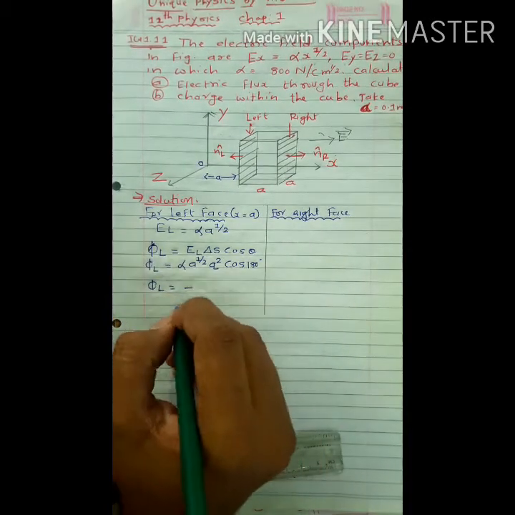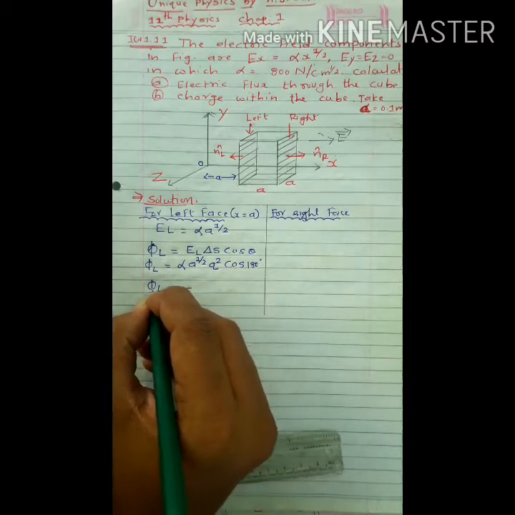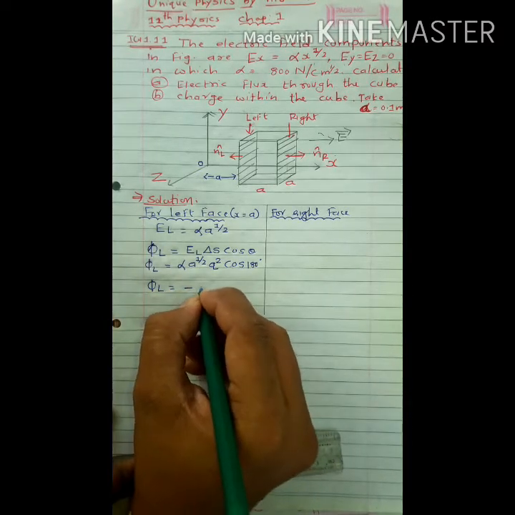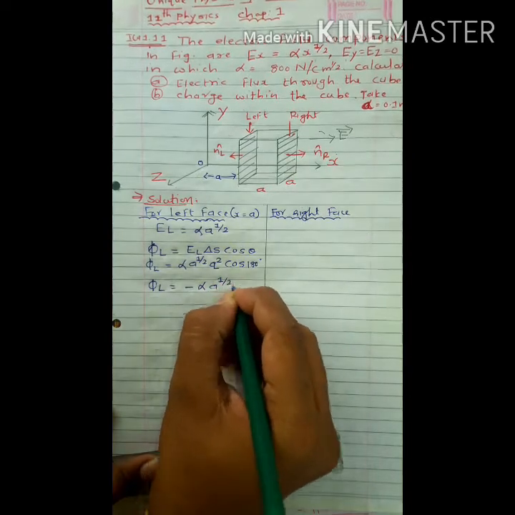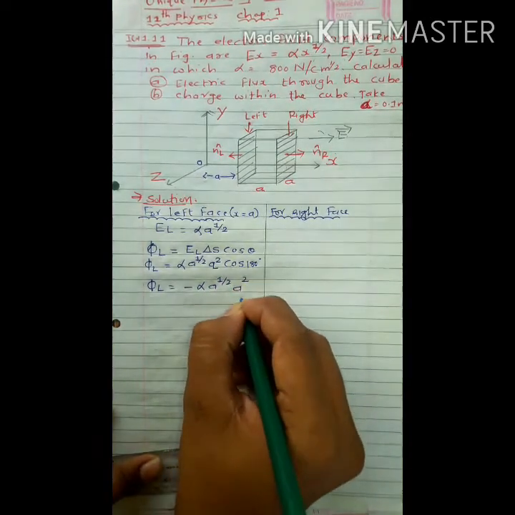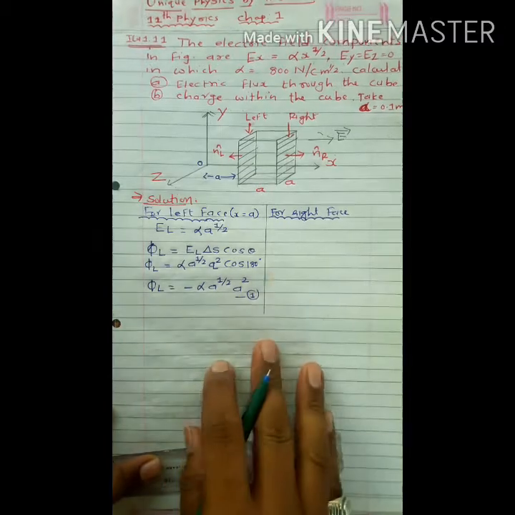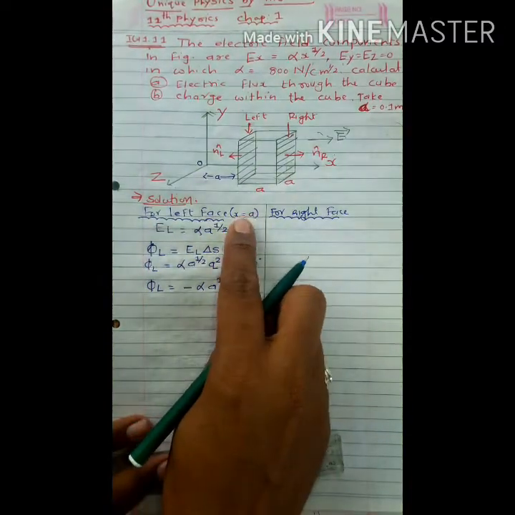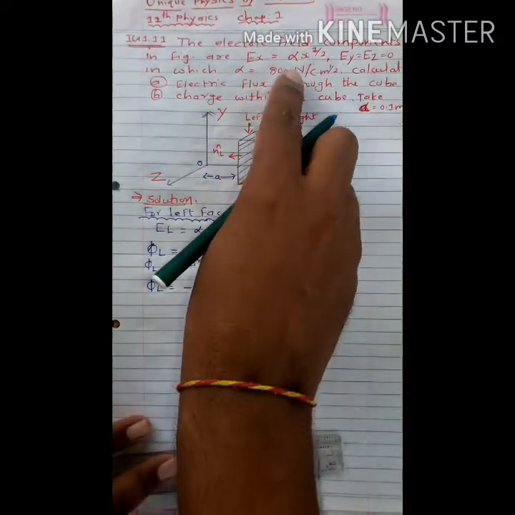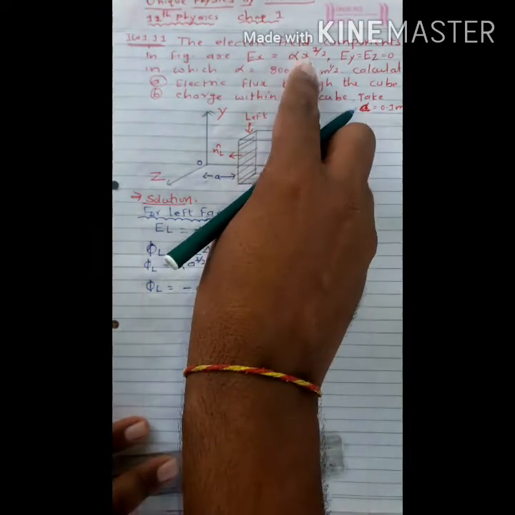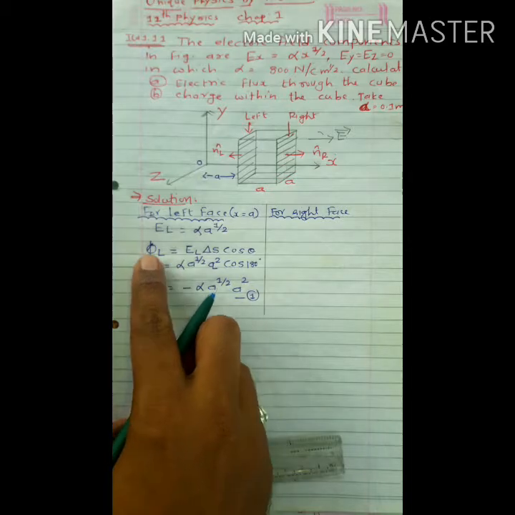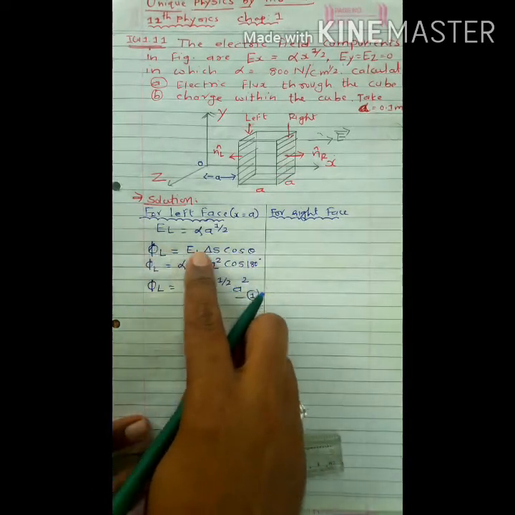So our equation is phi L is equal to minus alpha a raised to 1 by 2 into a square. This is our equation number 1. For the left face x is equal to a, so in place of x in alpha x raised to 1 by 2 we use a raised to 1 by 2. This is our simple equation of electric flux.